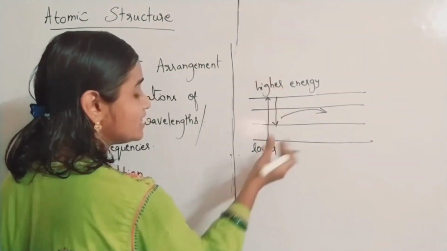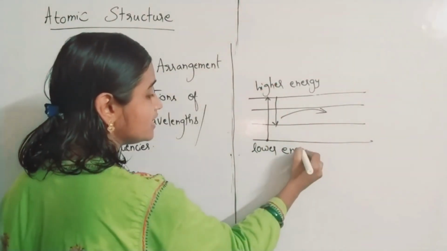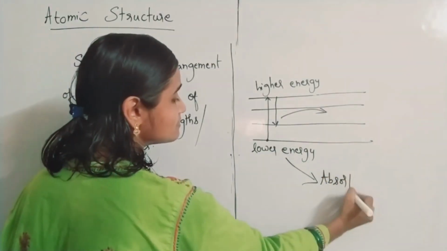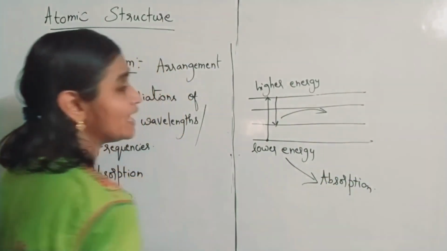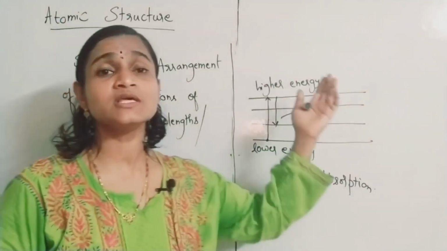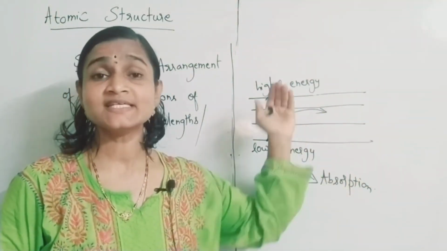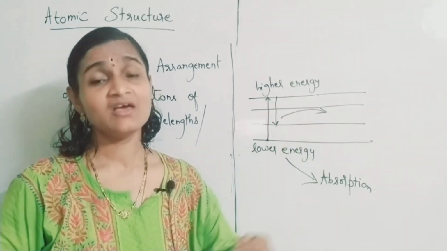Lower to higher energy is absorbed, and accordingly you get the absorption spectrum. Emission spectrum means energy is emitted by the electron when it comes back to its original state.